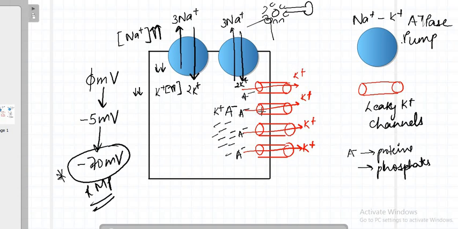Sometimes the leaky sodium channels are closed because they are sensitive to voltage, so they won't be open all the time. In some books they will tell you that sodium channels are quite closed. But K+ is quite more permeable.